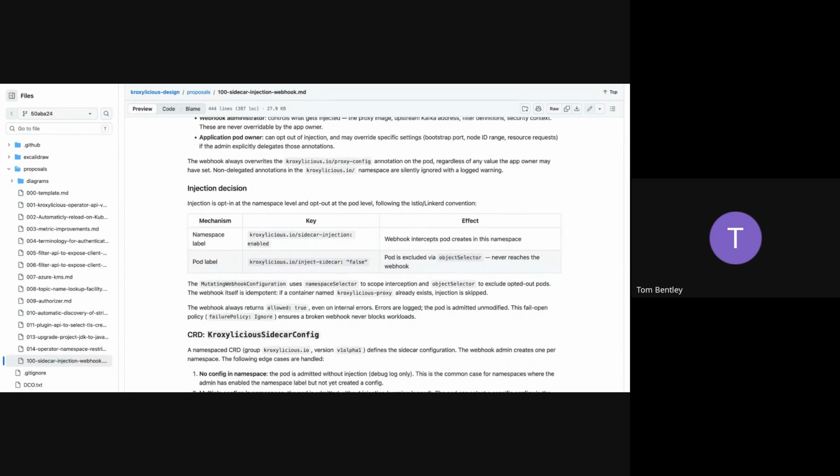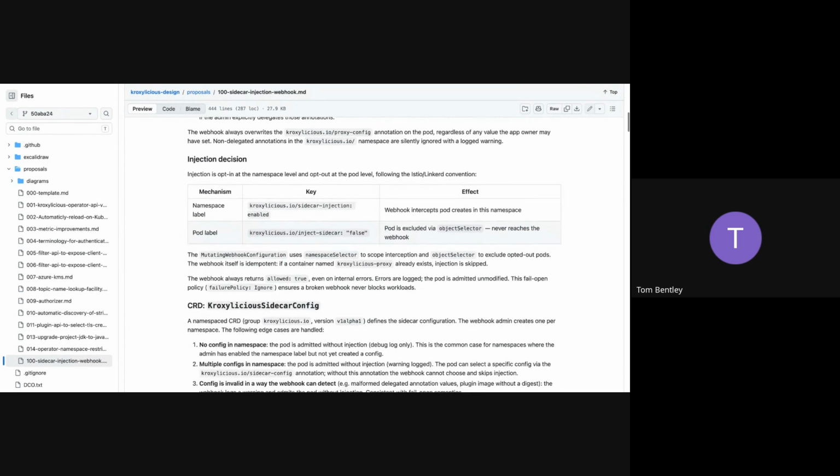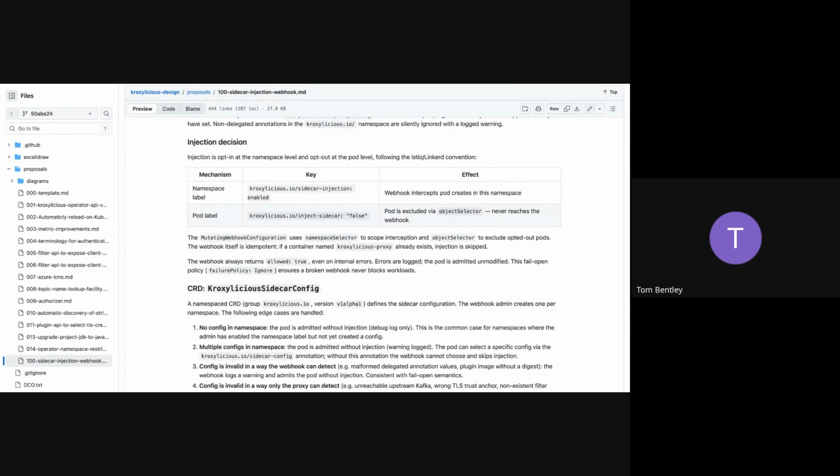One of the open questions about it is exactly what the trust model is. By which I mean, you've got the application person in charge of the Kafka application, who might not be the same person as the one controlling the webhook and the configuration of the proxy that gets injected.